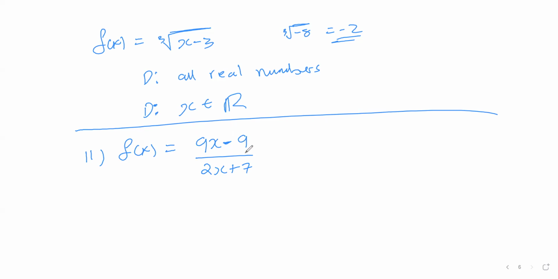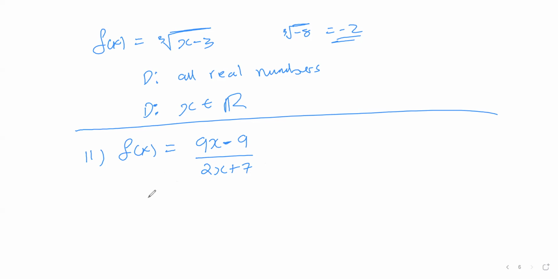All right, now let's look at the denominator. Now it's possible for the denominator to be 0 at some point for some value of x. All right, so for this entire fraction to be defined, we need to have that the denominator must never be equal to 0.